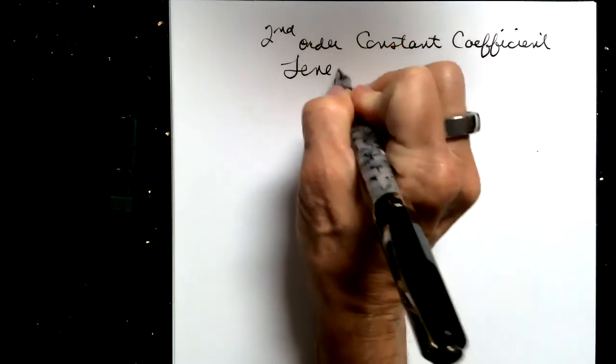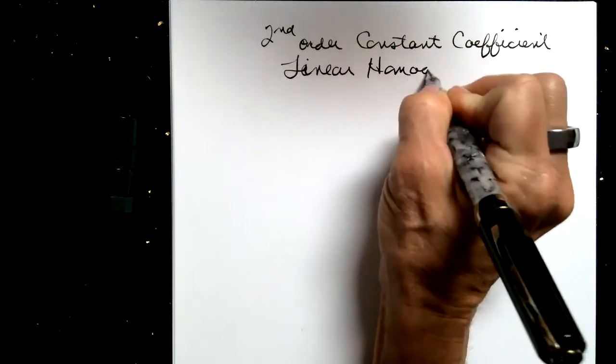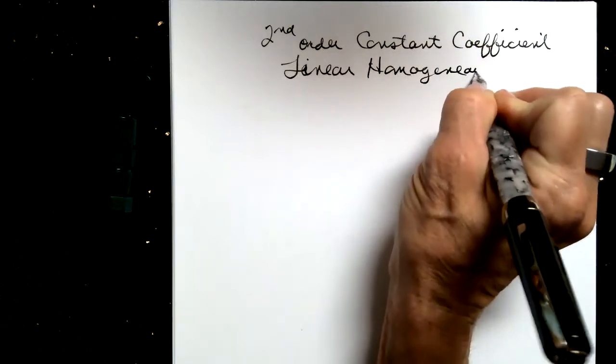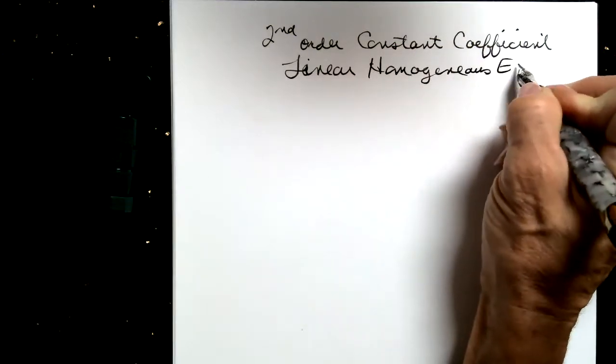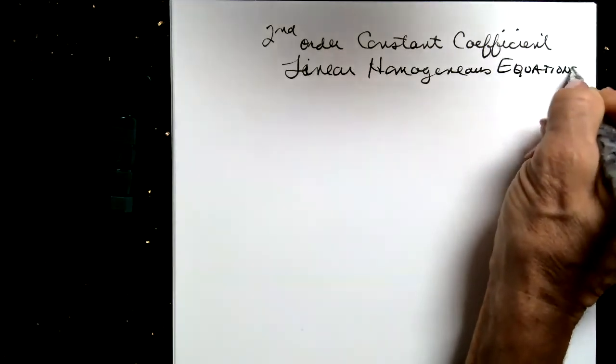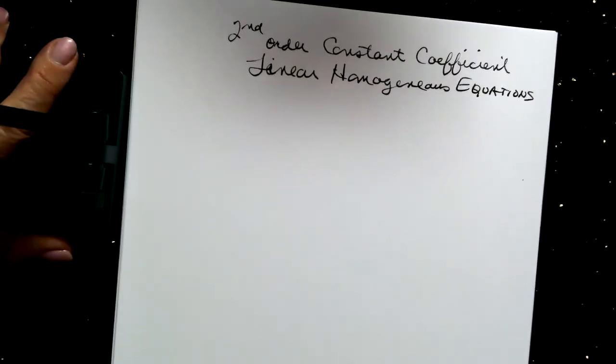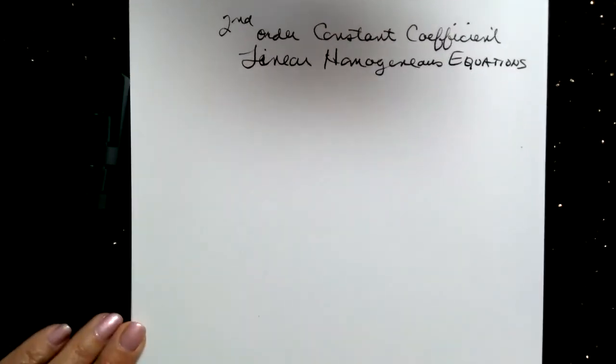Like I said, it's a bunch to say. So now what we want to do is figure out a way to solve these in general, and that's going to lead us to looking at three special cases, as we'll see.